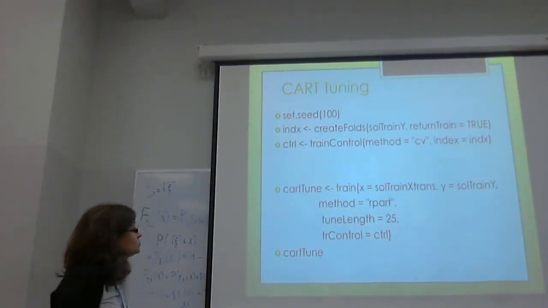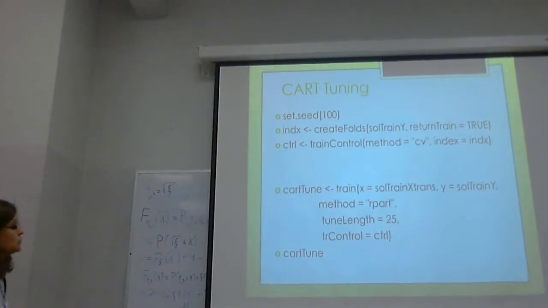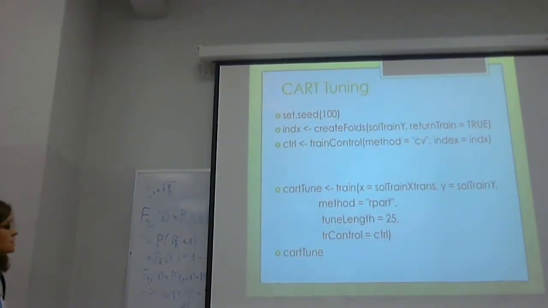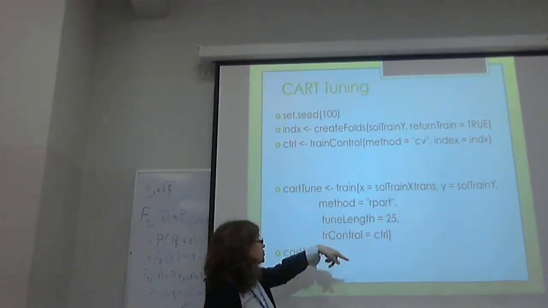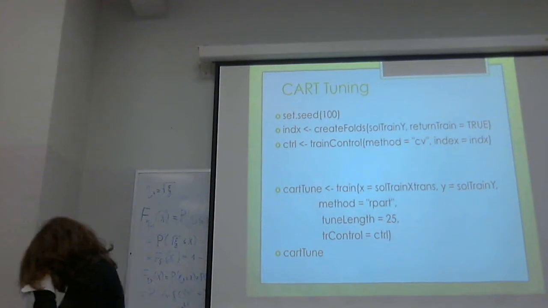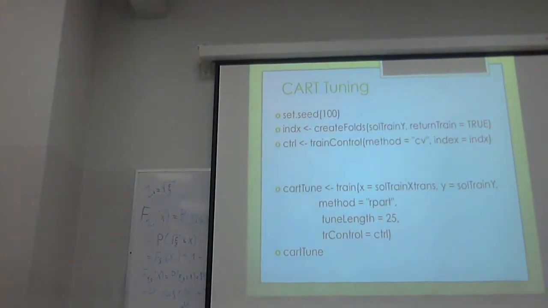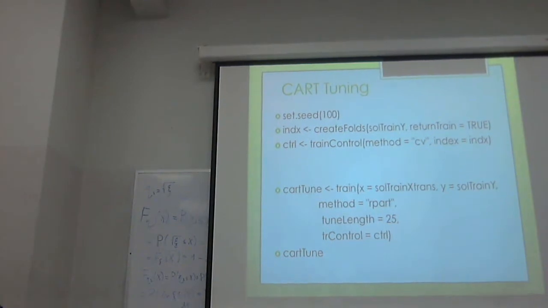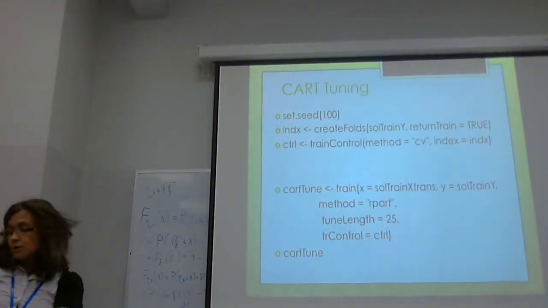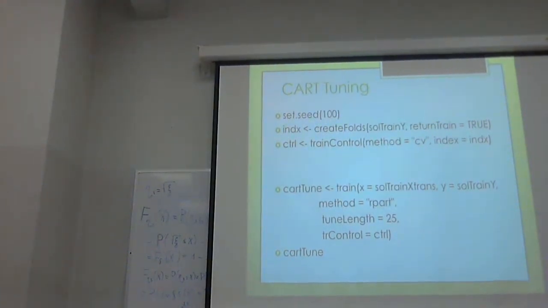And then you do train as we usually do. Train X, Y, and rpart. We say tune length. We'll see in a moment what the tuning parameters are in that case. We iterate on the train control. And then you plot. Remember, you plot it as we plot.